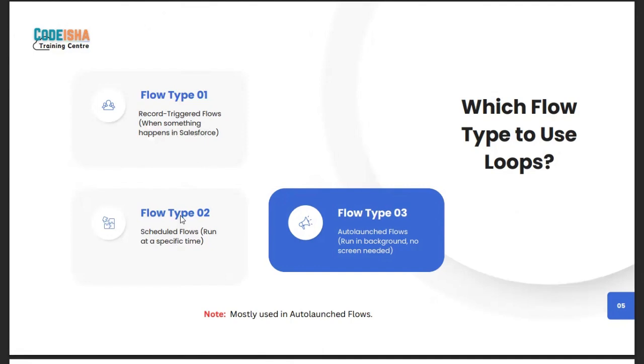We also use the loop element inside the schedule flow, which is used to run at a specific time. And we can use loop elements inside autolaunch flows also. Autolaunch flows run in the background, no screen needed, and mostly we use loop elements inside the autolaunch flow. Keep in mind this important point.